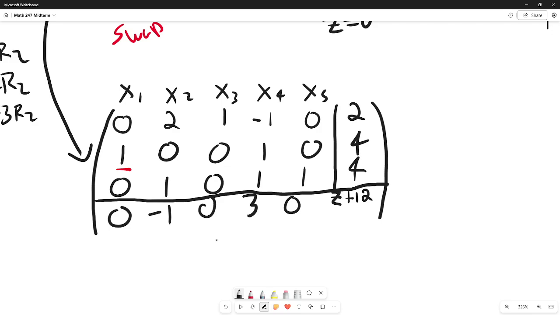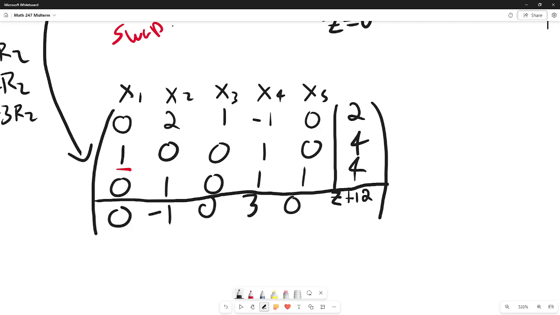And so you'll realize that now x1's column is 0, 1, 0, 0. And the other basic variable columns, 1, 0, 0, 0, and 0, 0, 1, 0, are not touched at all, right? They're still candidates for a 3x3 identity matrix.